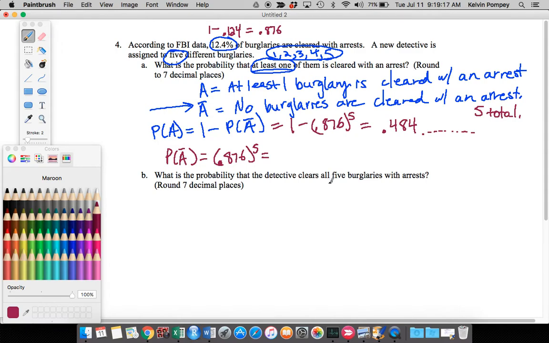Well, I know that the probability that 1 is cleared with an arrest is 12.4%. And so since these burglaries would be independent, I'll take 0.124, multiply it 5 times, and I get 0.0000293.